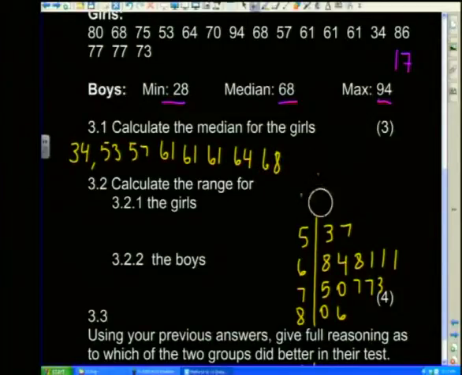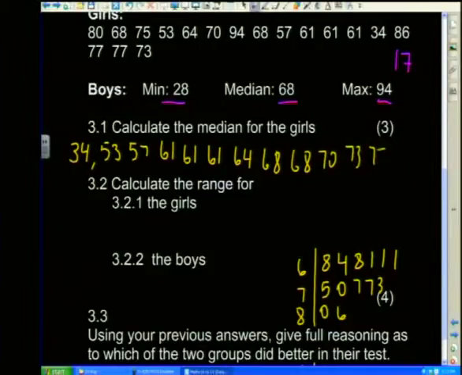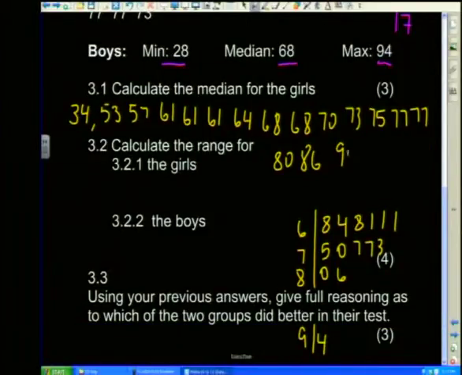Now I'm going to start deleting a little bit of this. 68, I need twice. 70, 73, 75, 77, twice, and I'm going to carry on at the bottom. Right, so I've got 80, 86, and 90. What was that last number? 94. Just double check 2, 4, 6, 8, 10, 12, 14, 16, 17, that I've got the same 17 values.